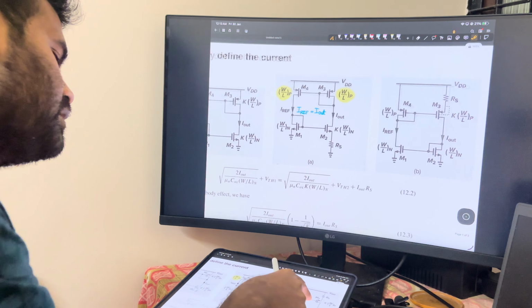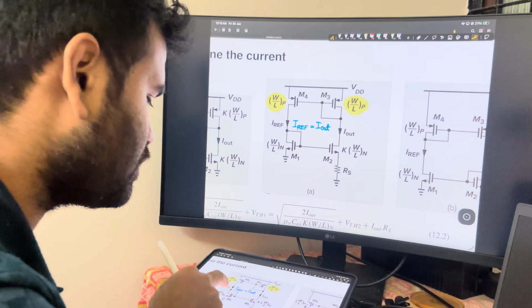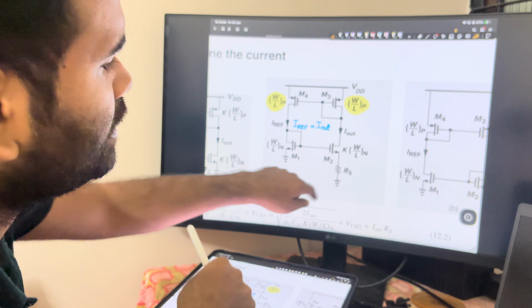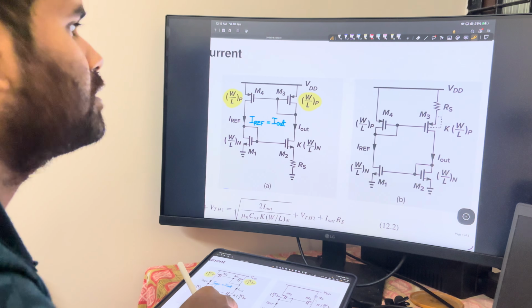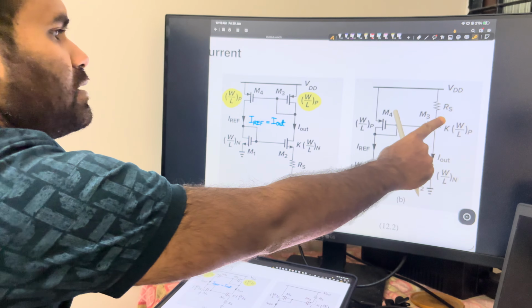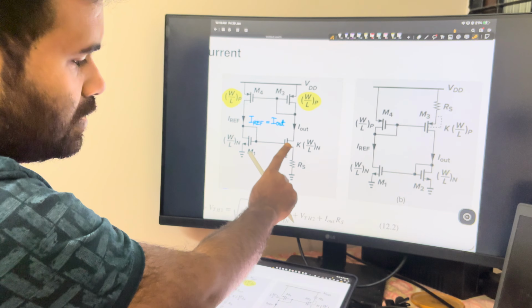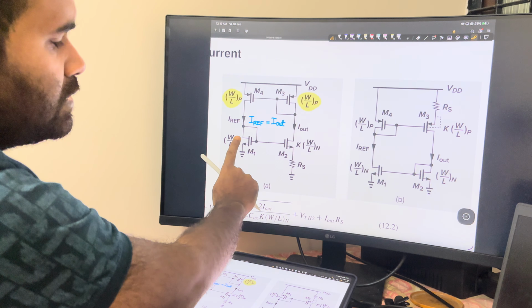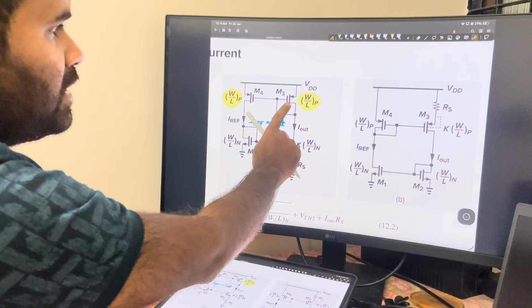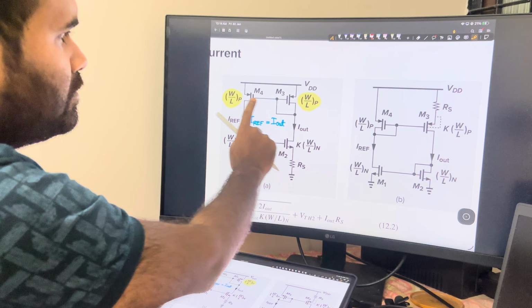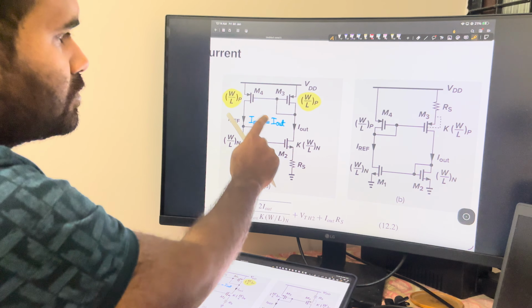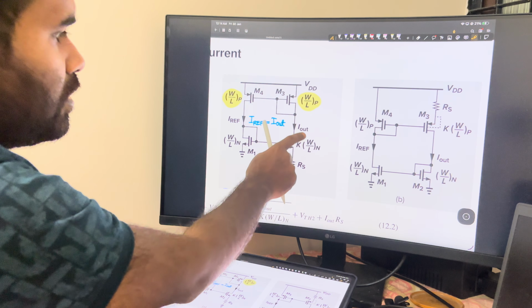Now another point. Instead of using the resistor over here, we can use the same resistor RS over here. One point you should note: this is the current source and this is the diode. Similarly here, this is the diode and M4 is the current source. So we are adding this resistor RS on the current source.